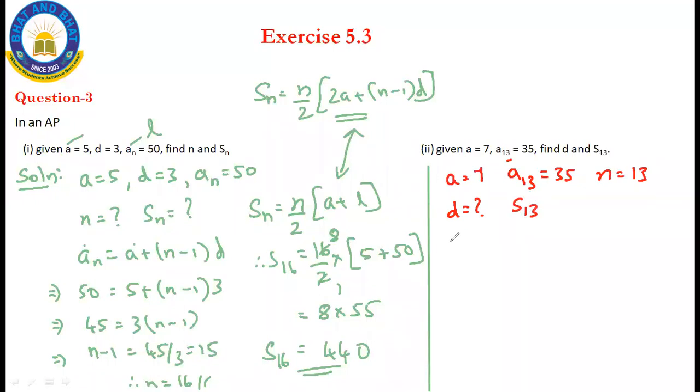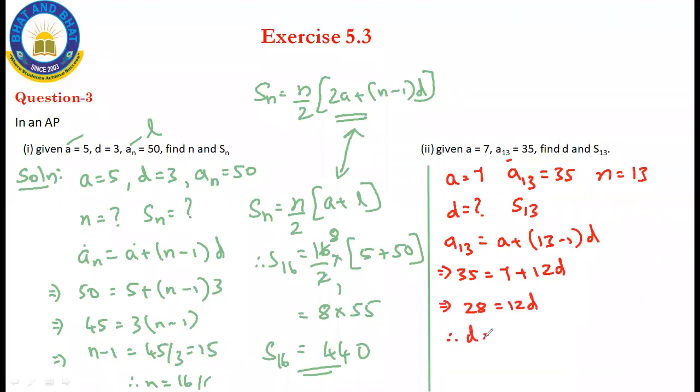The procedure is the same. Let's apply: a13 is equal to a plus 13 minus 1 into d. So how much is a13? a13 is 35, equal to a is 7 plus 12d. 35 minus 7, how much is 35 minus 7? 28, yes. 28 is equal to 12d.